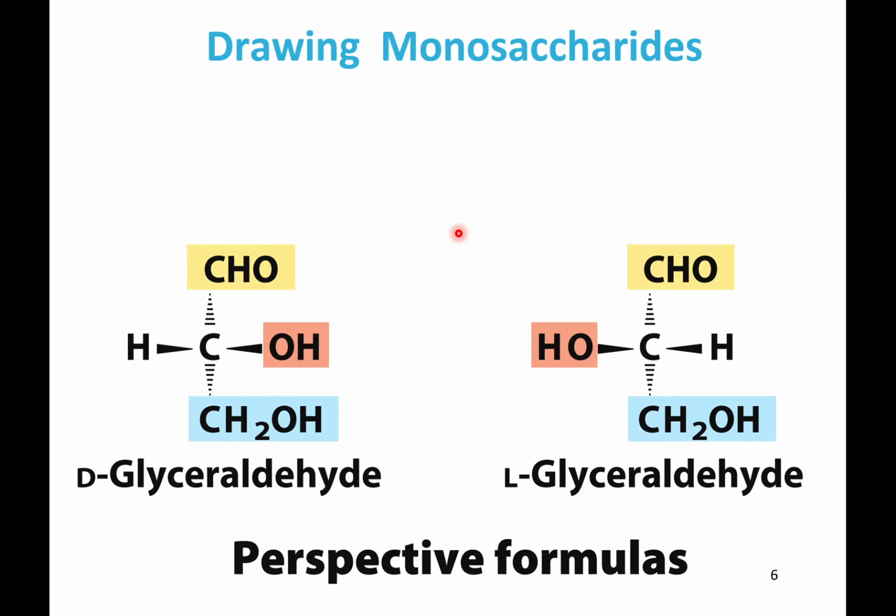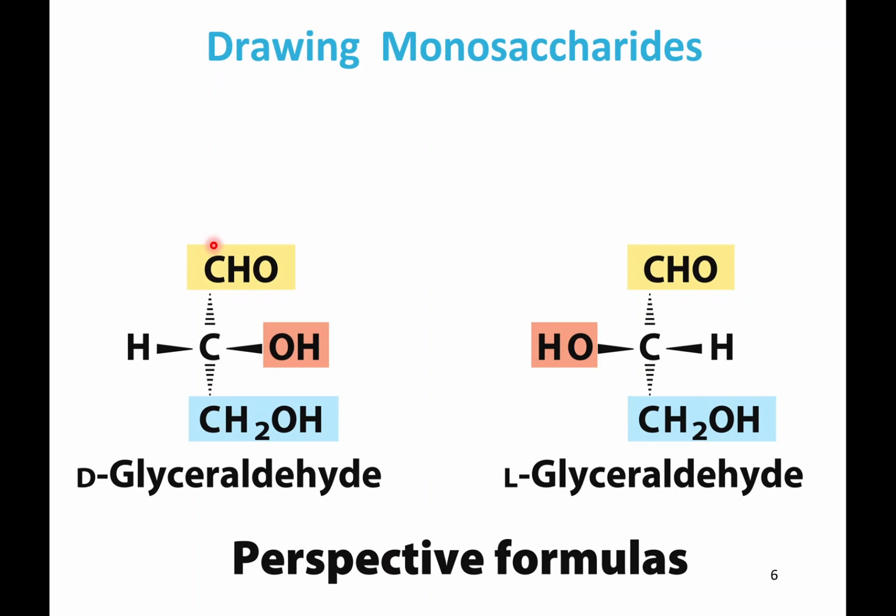Okay, so if you wanted to show this in what's known as a perspective formula, which would be more of the 3-dimensional way of showing it, this is how that would look. Glyceraldehyde is probably a bad example for Fischer projections because there's only 3 carbons.